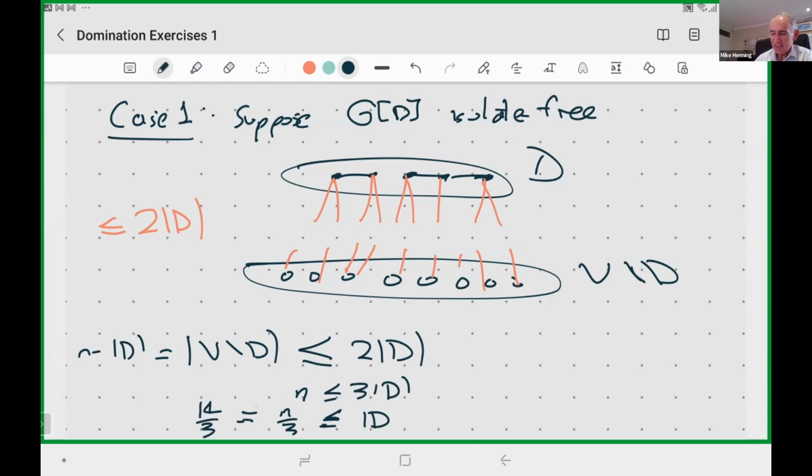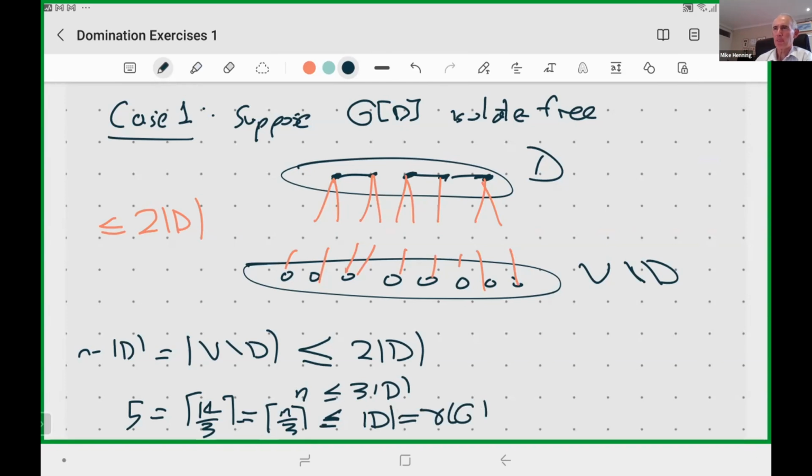Now, the domination number is an integer value. So, of course, this is all the ceiling. So the ceiling of 14 over 3 is 5. So in this case, if the dominating set D is such that every vertex in D has another neighbor in D, then we know that the domination number is at least 5 by simple counting.